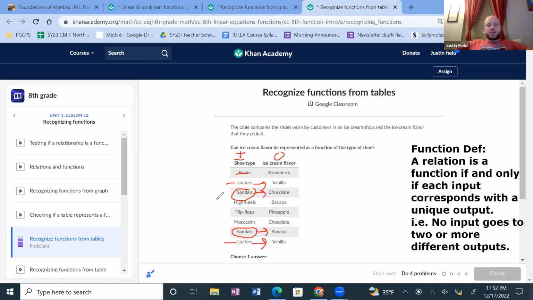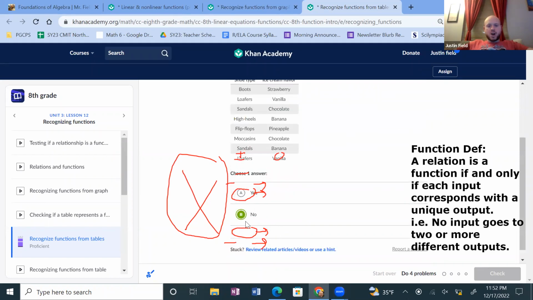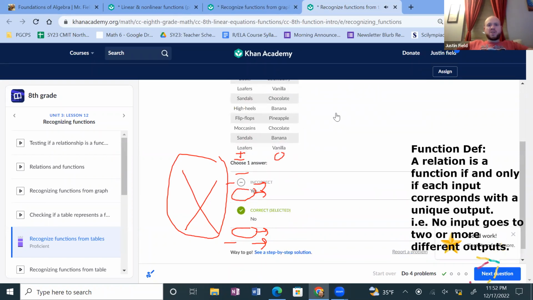And so for this reason, big X, not a function. Sandals is an input that is going to two different outputs.